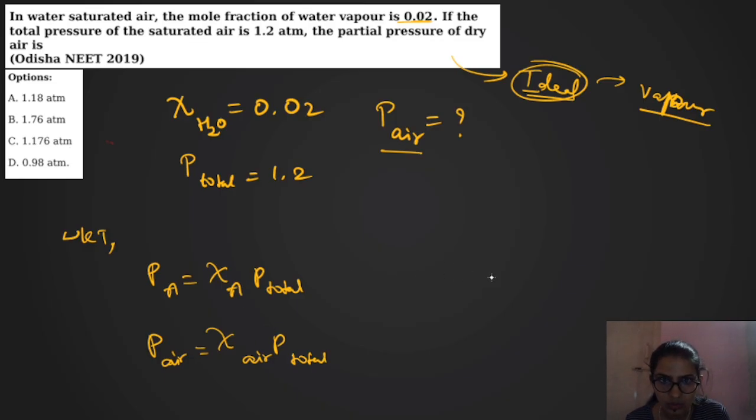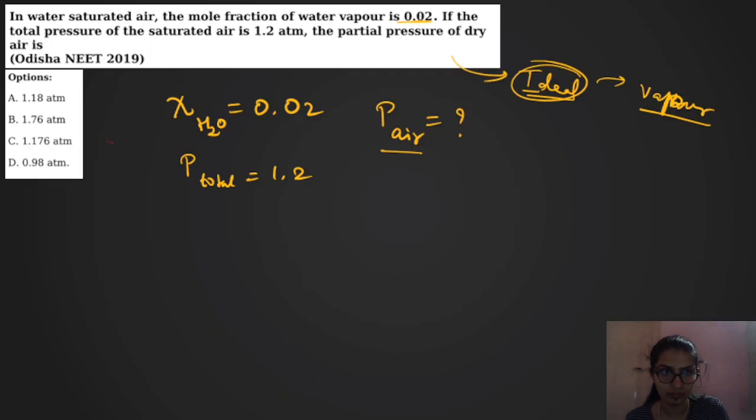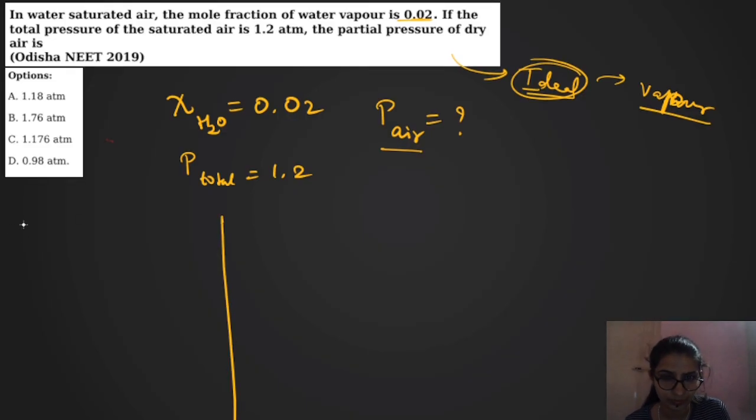So what we will do, we are going to apply this formula over here. P water is equal to mole fraction of water into P total.